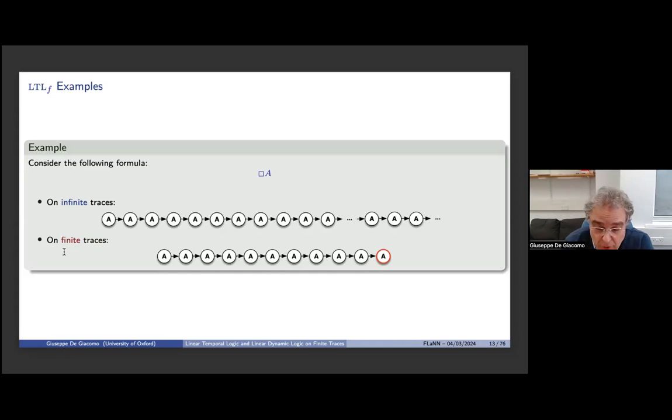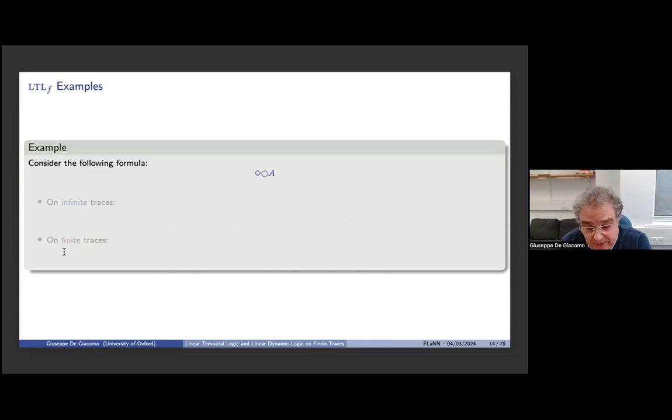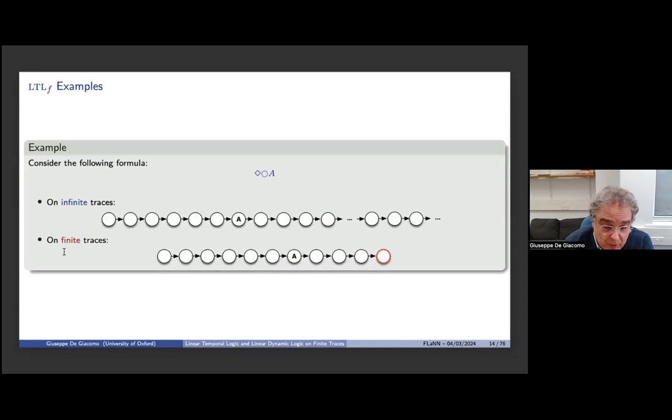It goes along all the trace until it ends. And then if you have, for example, eventually next A, this means that sooner or later A happens, and since you want to have at least one other step, this will happen before the last time.